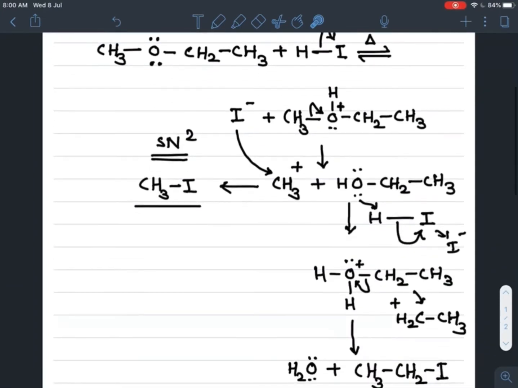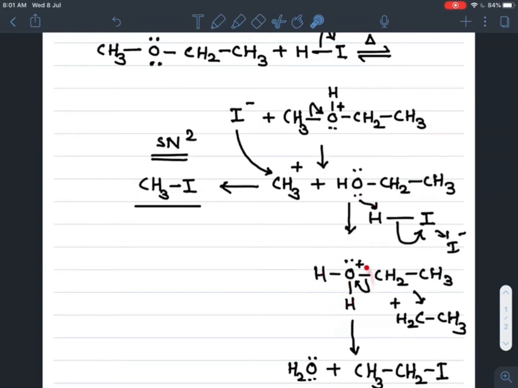Now this ethyl alcohol reacts with excess HI. The HI molecule combines with the ethyl alcohol. Again the bond breaks heterolytically and H plus and I minus are formed. The H plus is bonded to oxygen, which donates its pair of electrons to the hydrogen.